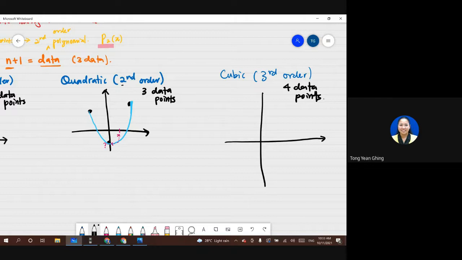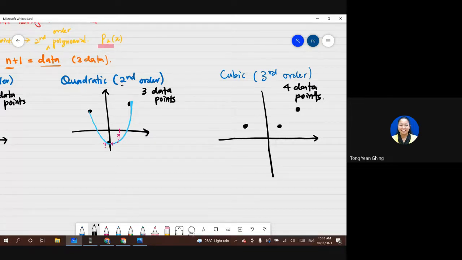Let's say we have a point like this. The graph can be like this, and you want to find one of the values over here, let's say.